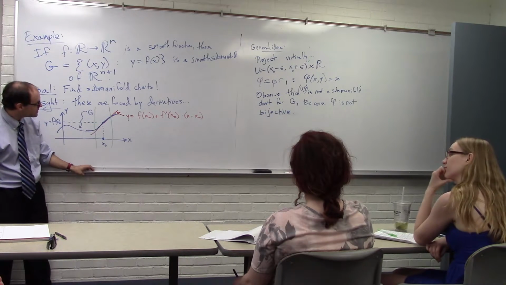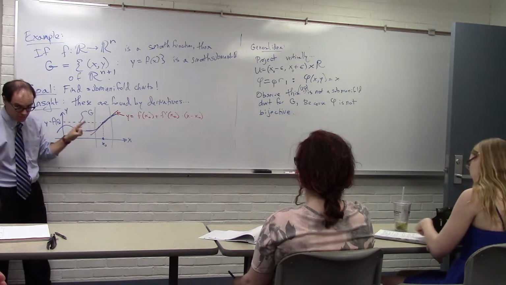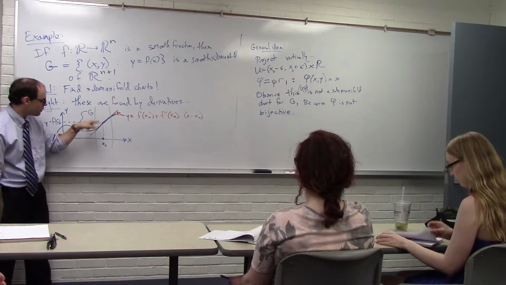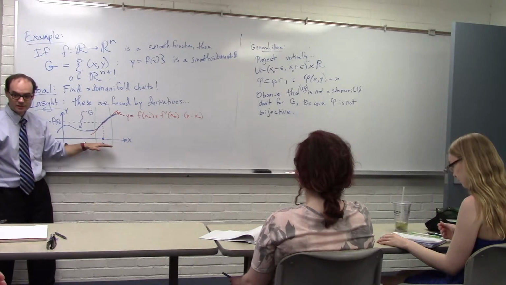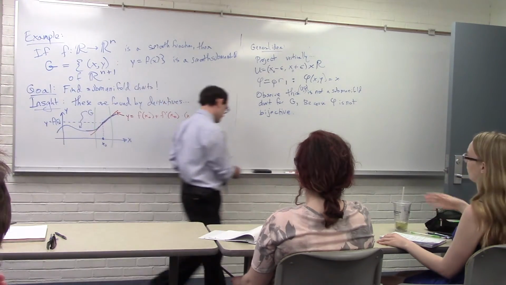Yeah, kind of. But remember, we're still fighting the same problem. We still need bijectivity. The moment you squash down to here, we're going to lose bijectivity. You can't have an inverse function without bijectivity.